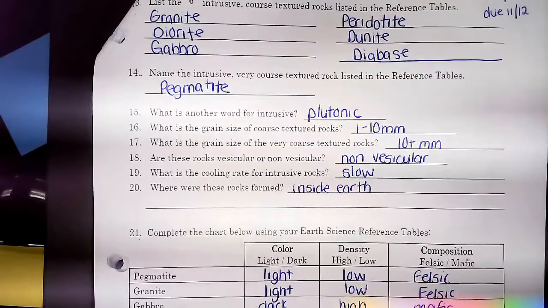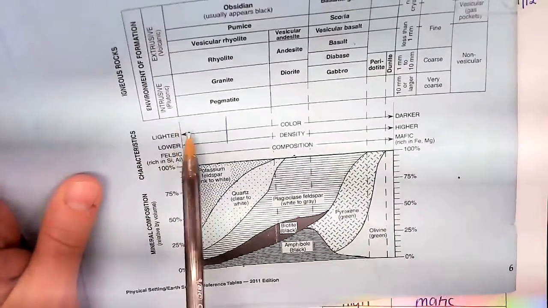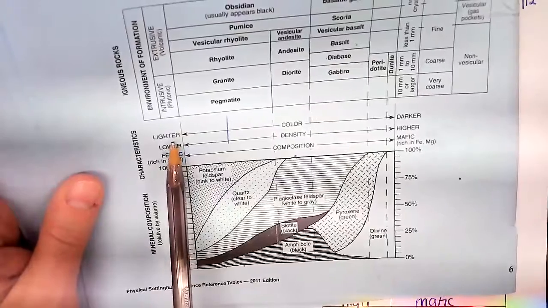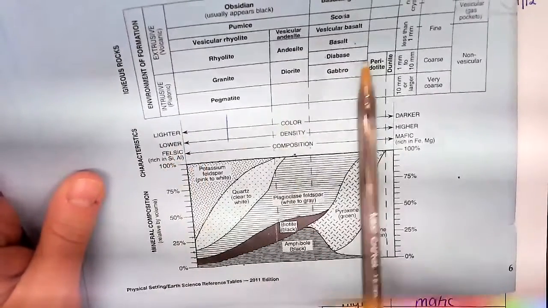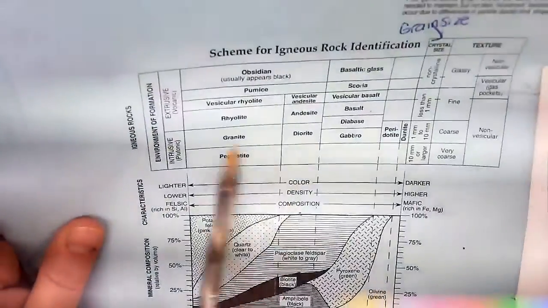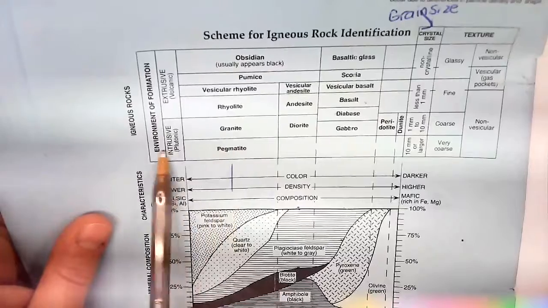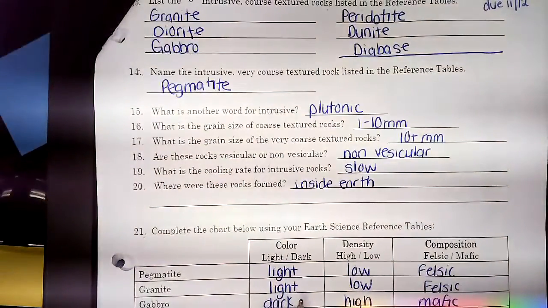Now for this table, you should have noticed a pattern. Anything that is on the left has a light color, low density, and felsic. Everything that's on the right is dark in color, higher density, and mafic. So pegmatite, the first one right here, is off to the left, so it's light, low, and felsic. Same with granite.